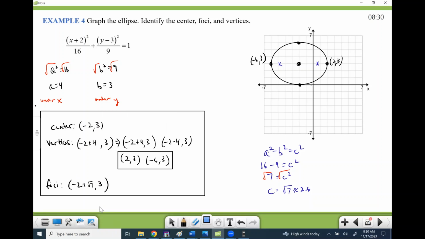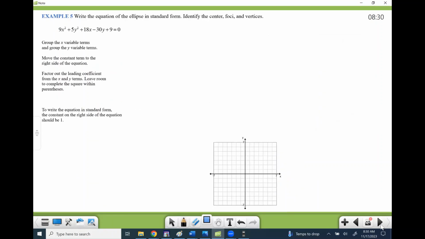All right. Okay. Hopefully this is starting to make a little sense. Now, this is going to be really close to what we did with circles, but slightly different. Okay. We do start off by grouping together the x's.